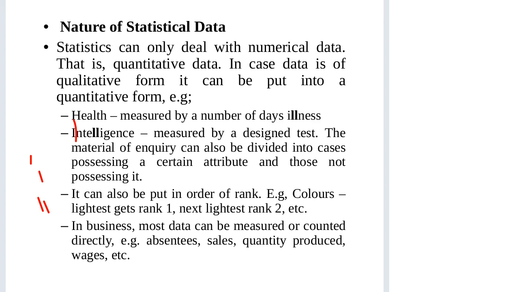Now in business or economics, most data can be measured or counted, like the absentees of students in class. If it is sales, you can count or measure. Quantity produced, you can measure or count that.